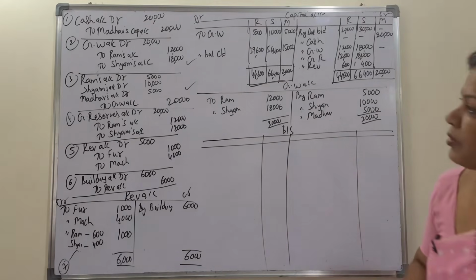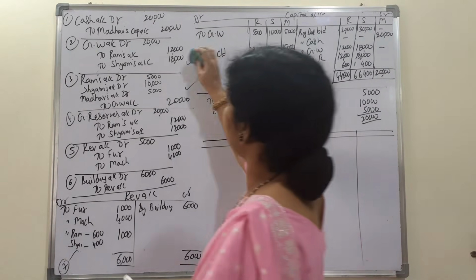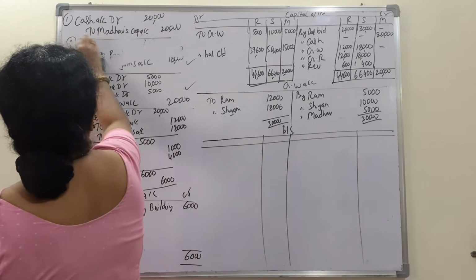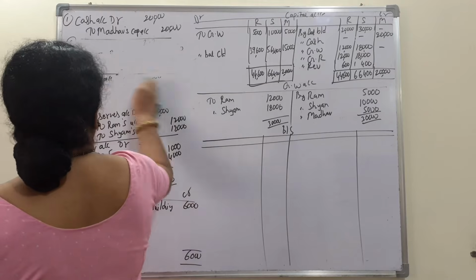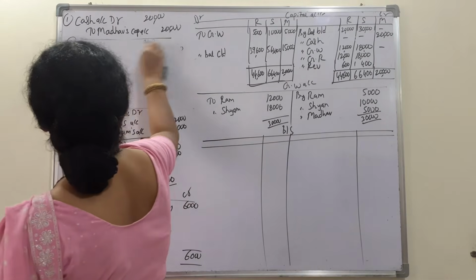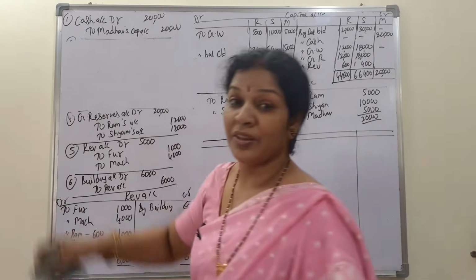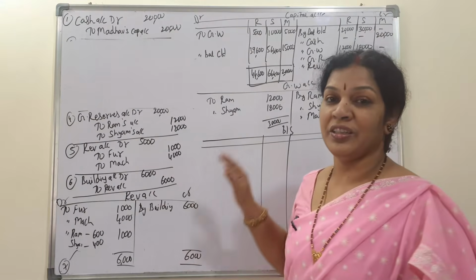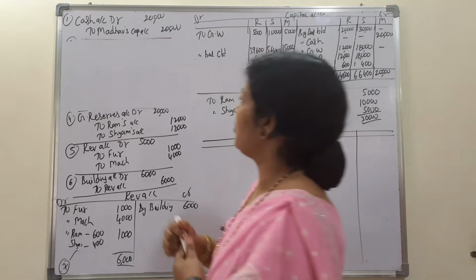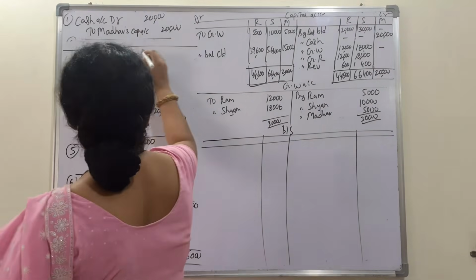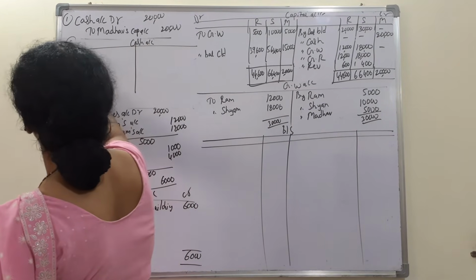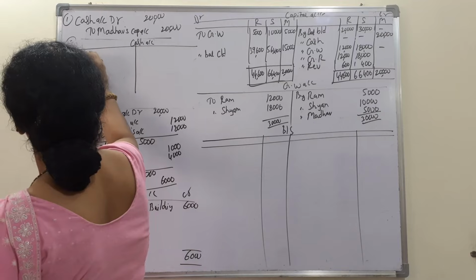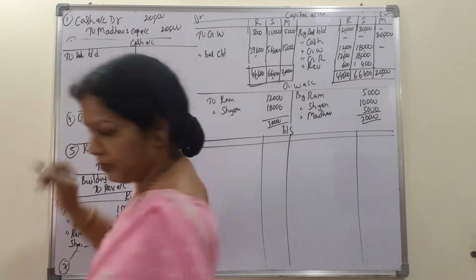I'll prepare here only cash account. Remember, always you need to open the cash account, because what is the cash to be written in the balance sheet, that you must know from that cash account. To balance brought down.